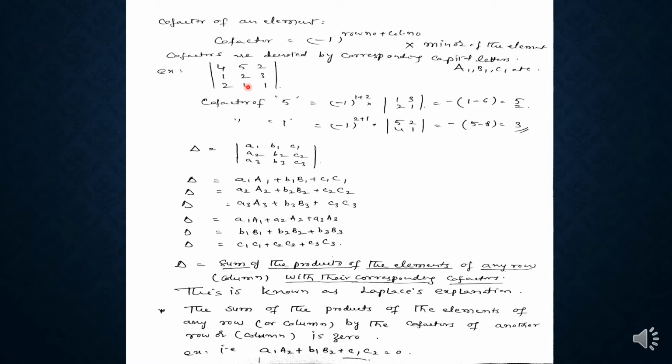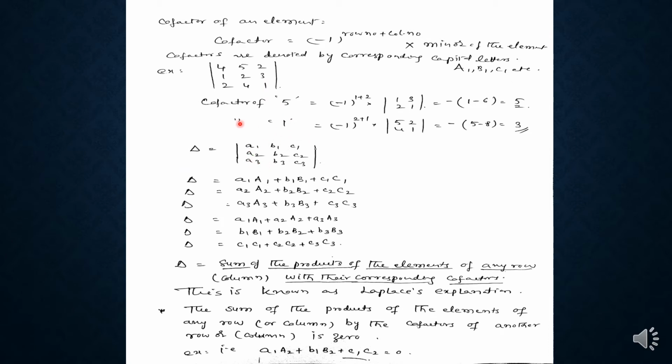Here, third row and second column, minus 1 to the power of 3 plus 2, that is minus 1 to the power of 5, gives minus. Here, second row and third column, minus 1 to the power of 2 plus 3 gives minus 1 to the power of 5, that is equal to minus 1. So minus of its minor gives the cofactor of that element.